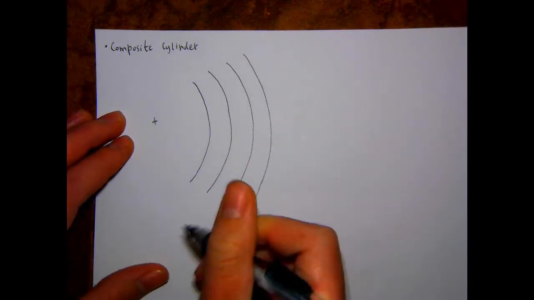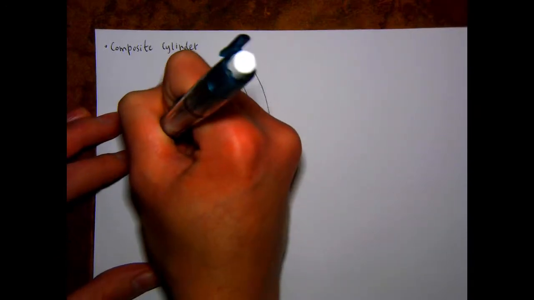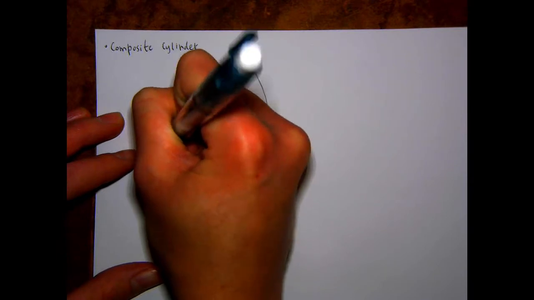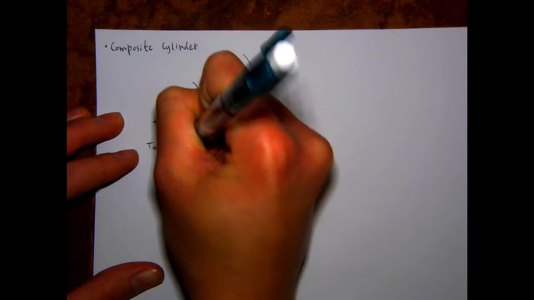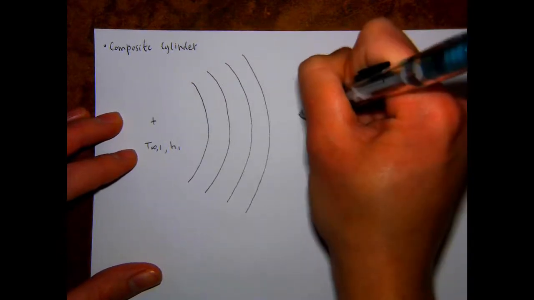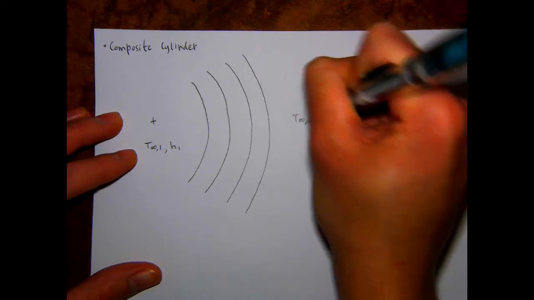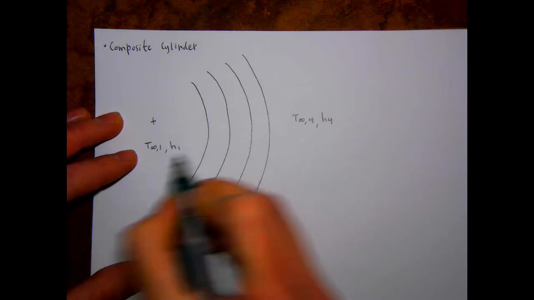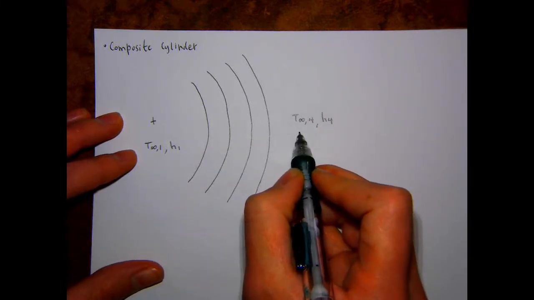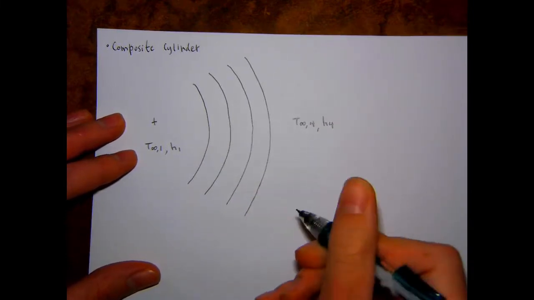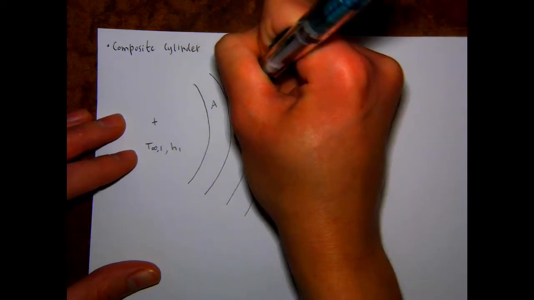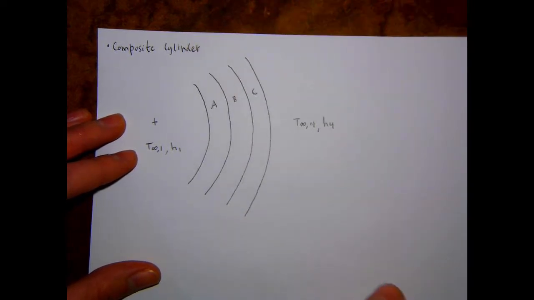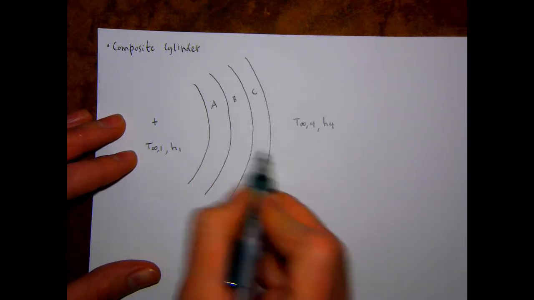So just like before, in here we have a fluid flowing through the cylinder. And out here we have another fluid flowing over the cylinder. So T infinity 1 and T infinity 4. And like with the plane wall, we now say these are sections A, B, and C. And the surfaces between each of these different sections are going to have distinct temperatures.